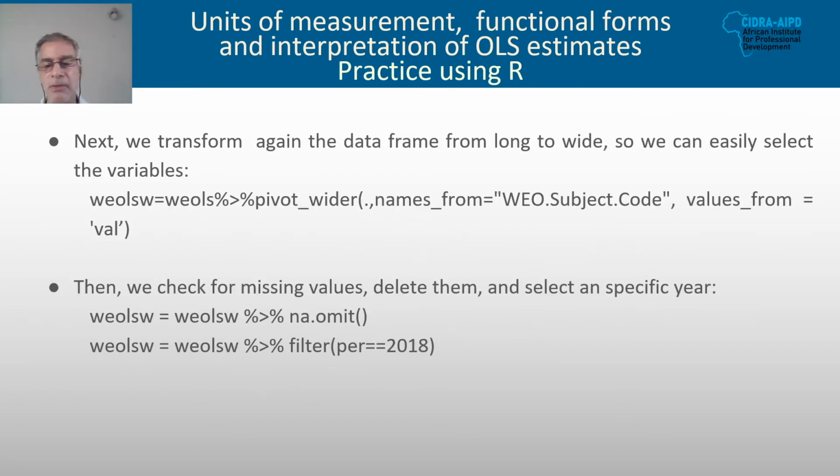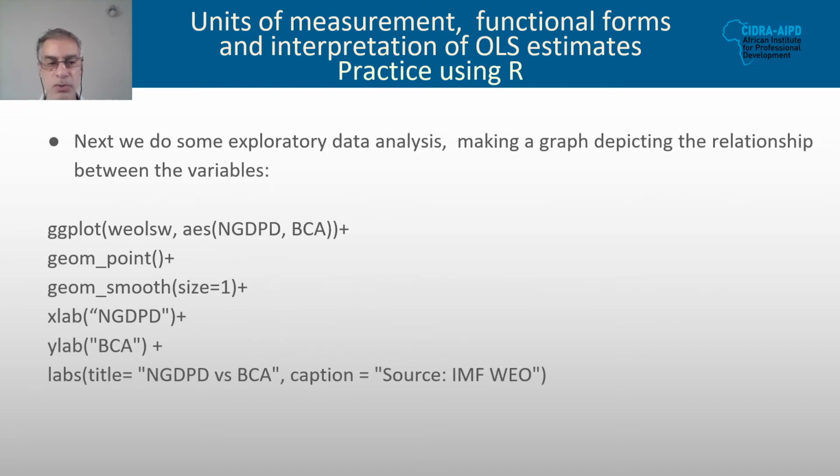Then, ironically, we again transform the data from the long format that we have now to a wide format, so we can easily select the variables that we are going to use. And we check again for missing values and select finally the data that we are going to use.